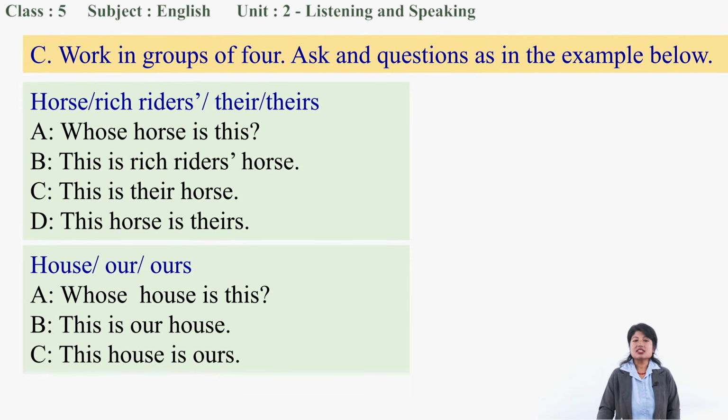Or you can say this horse is theirs. Right? You can do like this. Next clue is house, our, ours. Whose house is this? This is our house. This house is ours. Okay, so we have completed our activity C as well.